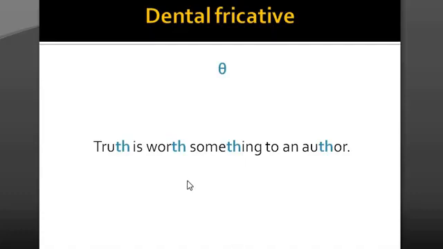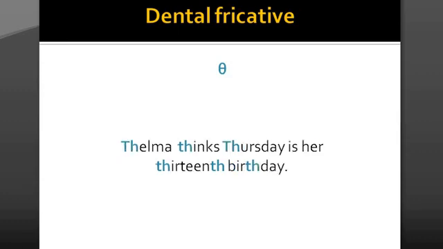Okay. Yeah, these dental fricatives, you don't have them in Thai language. They can be hard to pronounce. So it's important to remember how to pronounce this sound. This is one of two TH sounds. All of these words, truth, worth, something, author, they all have the letters TH. And here's another example. This one is a little bit harder. This one says, Thelma thinks Thursday is her 13th birthday.